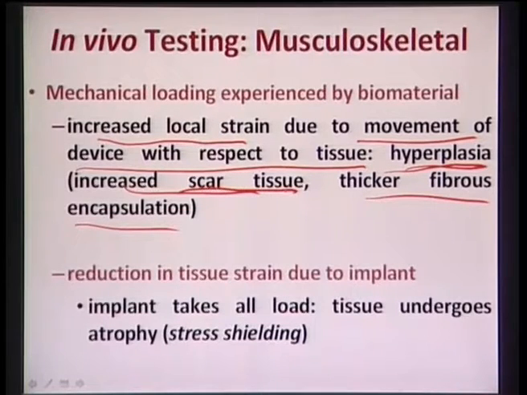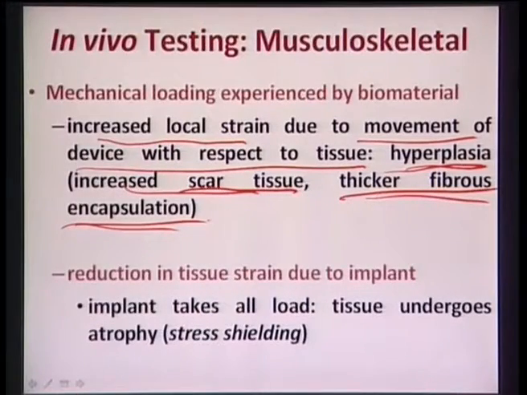Many times some scar will appear on the patient at the implanted area, or thicker fibrous encapsulation. Thicker fibrous encapsulation means around the implant there will be fibrous tissue forming, and this fibrous tissue will encapsulate the implant from the surrounding natural environment or surrounding bone environment.